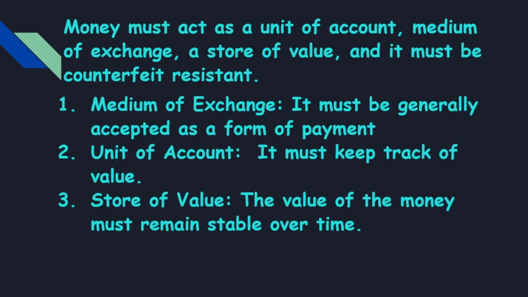Money must act as a unit of account, a medium of exchange, a store of value, and it must be counterfeit resistant. Being a medium of exchange means that it is generally accepted as a form of payment. A unit of account is keeping track of the value transacted. A store of value means that the value of the money must remain stable over time.